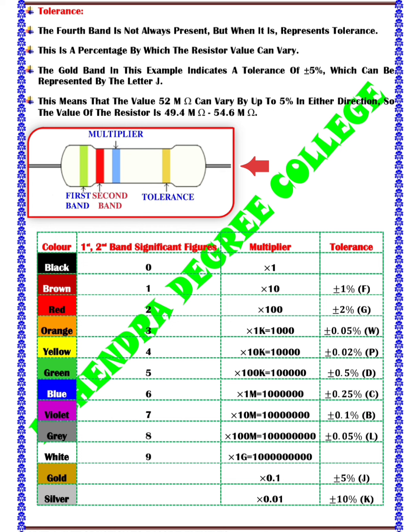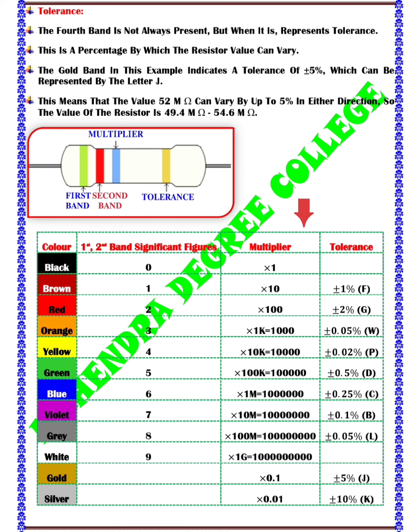Resistance is measured in ohms. Resistors can be fixed or variable. Color code: the bands represent numerical values, multipliers, and tolerance. Resistors are used to limit current, divide voltages, and bias active elements in circuits.